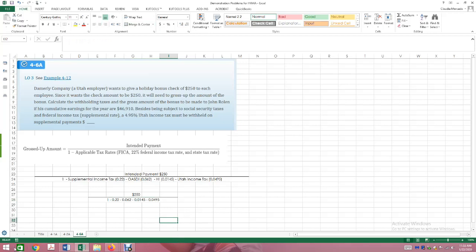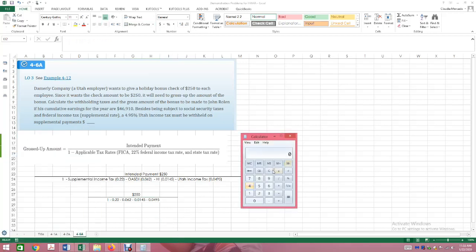And then let's get my calculator so we can do the math. So it'll be 1 minus 0.22 minus 0.062 minus 0.0145 minus 0.0495. Did I add correctly? I think I added incorrectly. Let me see.